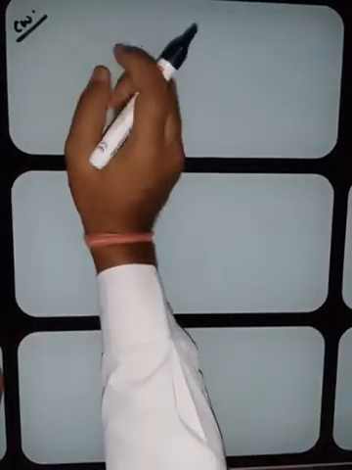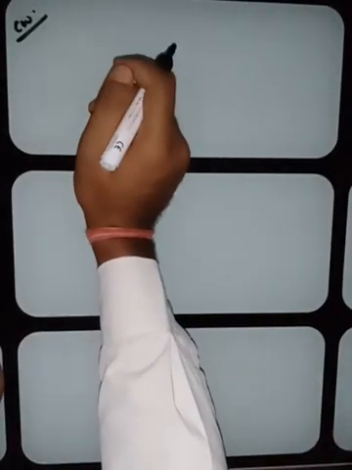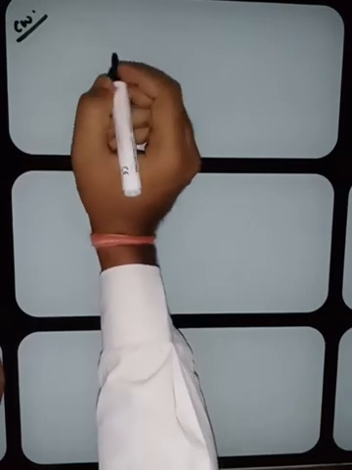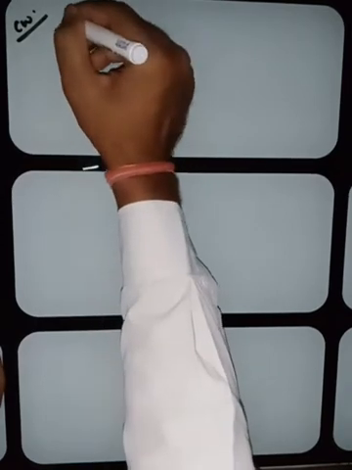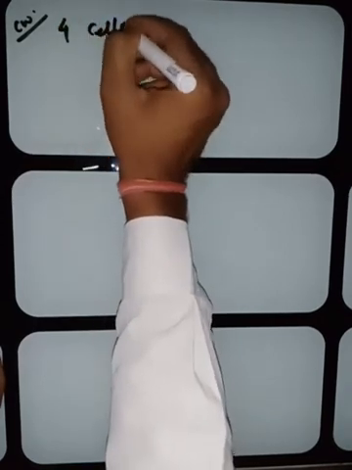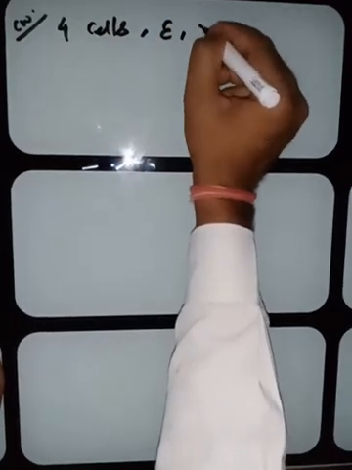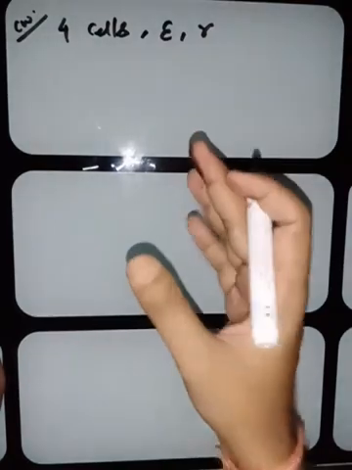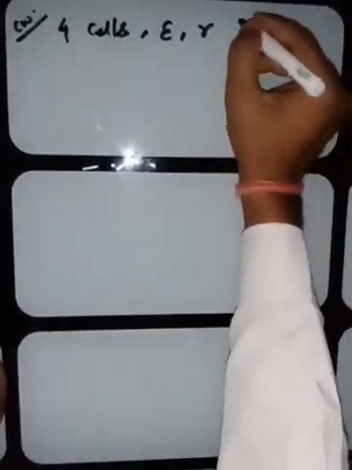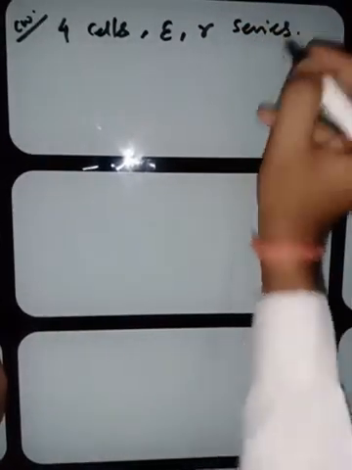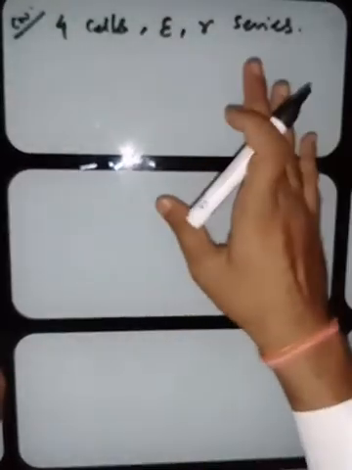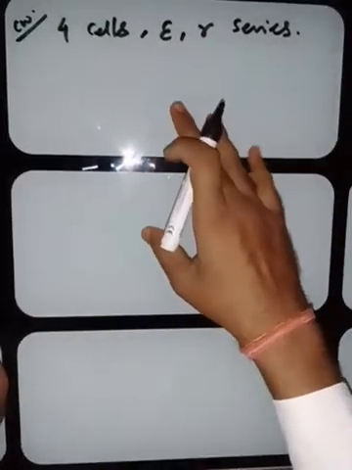The question is: 4 identical cells of EMF E. Okay, how many cells? 4 cells. Each having EMF E and internal resistance R are connected in series.